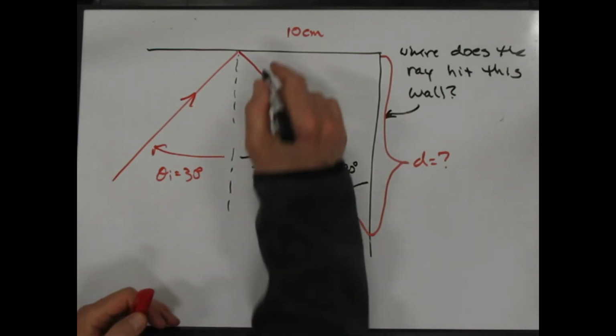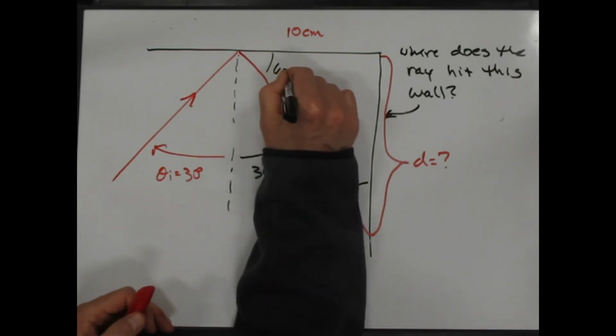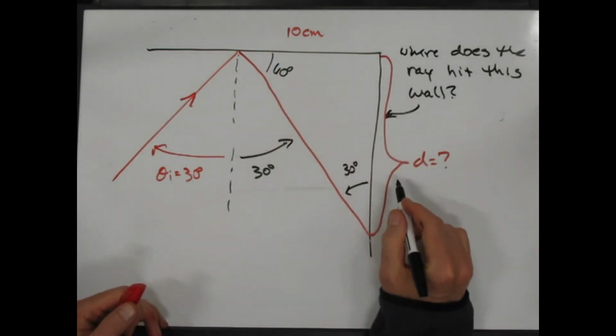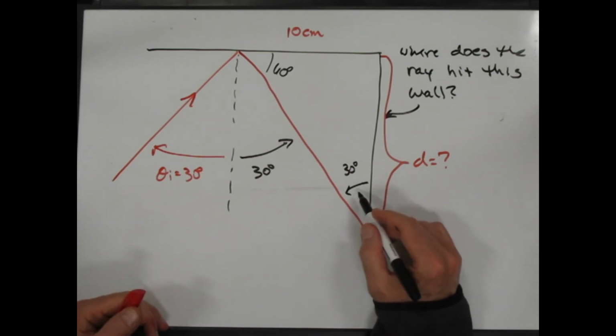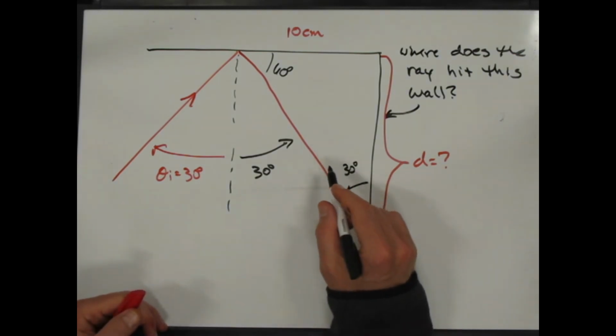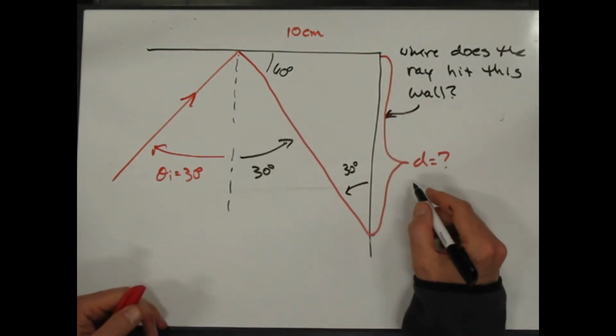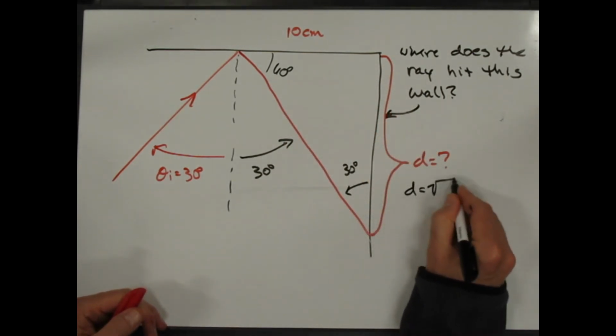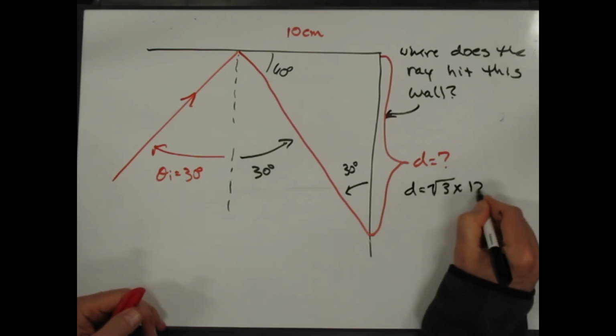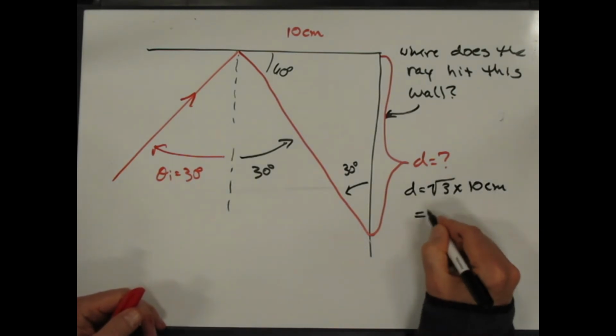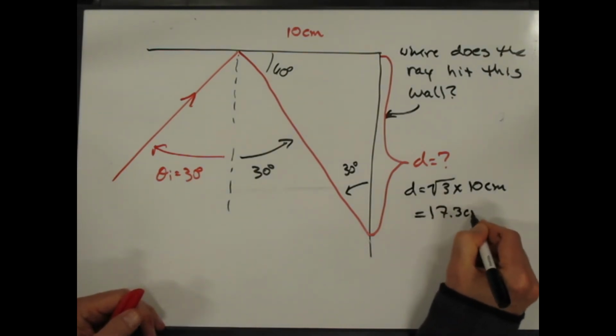And so that means this is a 60-degree angle. And that means this is a 30, 60, 90 triangle, and so the sides are 1, 2, square root of 3, and so d is equal to the square root of 3 times 10 centimeters, or is equal to 17.3 centimeters.